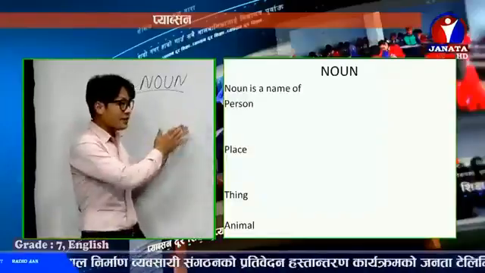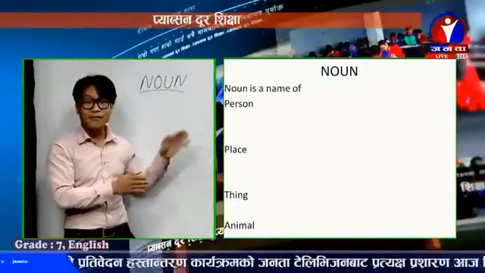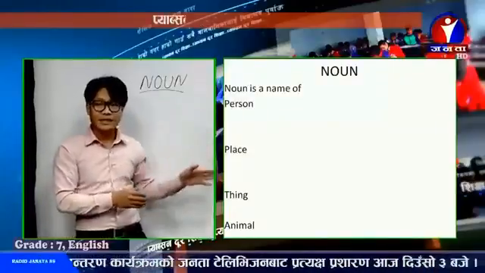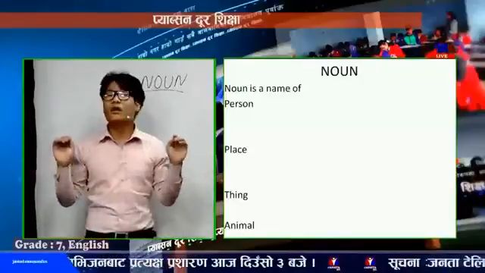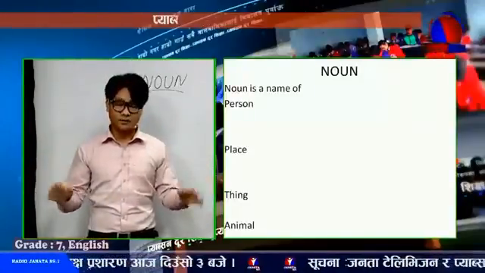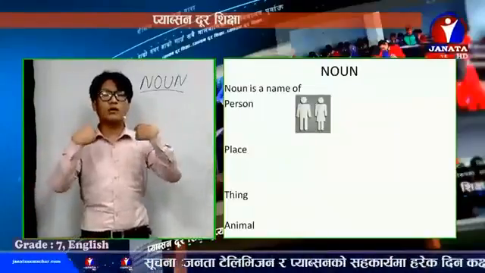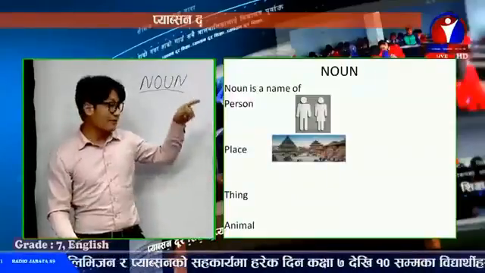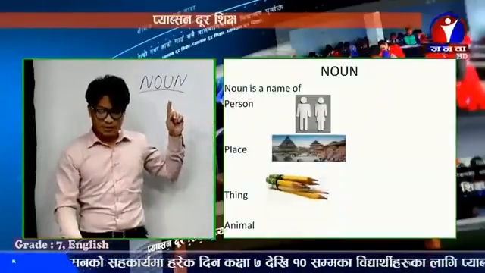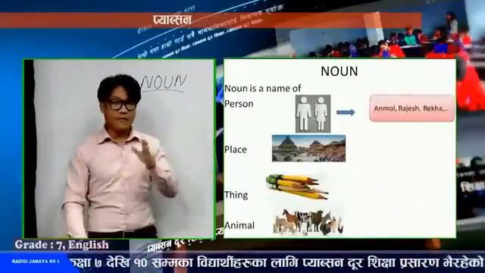Let's clear this with lots of examples. Persons means we human beings. Place, thing, animal. So let's have examples.